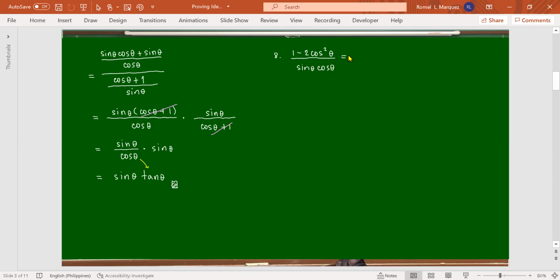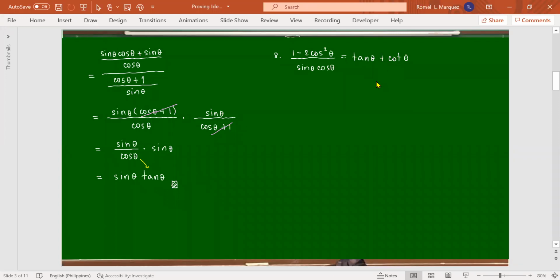And that is equal to tangent theta plus cotangent theta. My copy is not clear. I'm not really sure if this is plus or minus. Because in the book that I am copying the problem, it's erased, no? So let us just check and change it in case this is negative or positive.